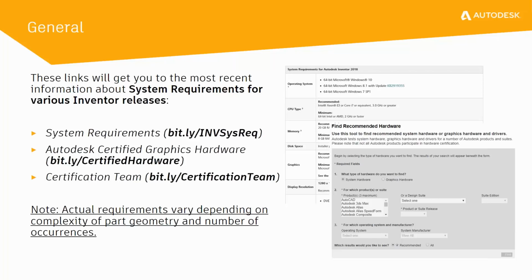Probably the two key ones here are system requirements, which define the minimum and recommended configurations for hardware, as well as the certified graphics hardware page, which can give you not only a certified system, but a certified graphics card associated with specific Autodesk products, including Inventor and others that are available.